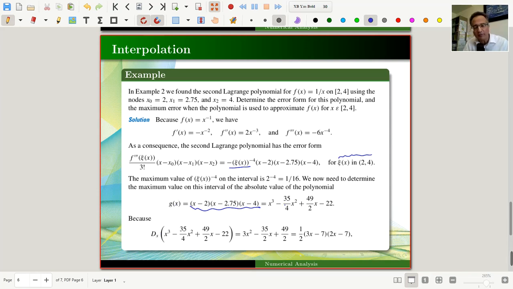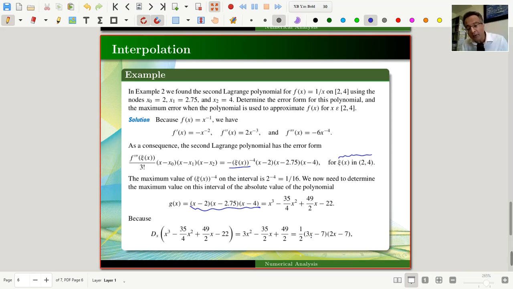The derivative will be 3x squared minus 35 over 2 x plus 49 over 2, and we can write this polynomial in factored form and find two zeros for it.